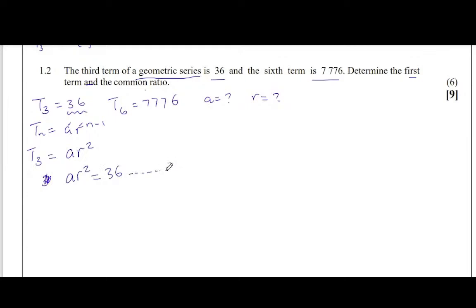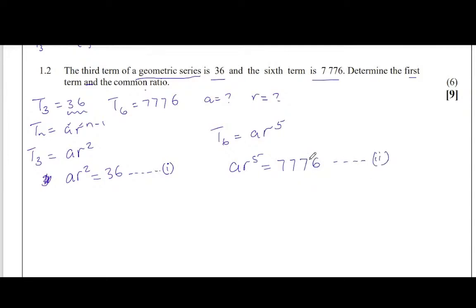I can call this my equation number 1. And then I'll do the same with T6. We know that T6 is a r to the exponent of 6 minus 1, which gives us 5, and where there is T6, I'll replace with 7776. So a r to the exponent of 5 is equal to 7776. I'll call this equation number 2.